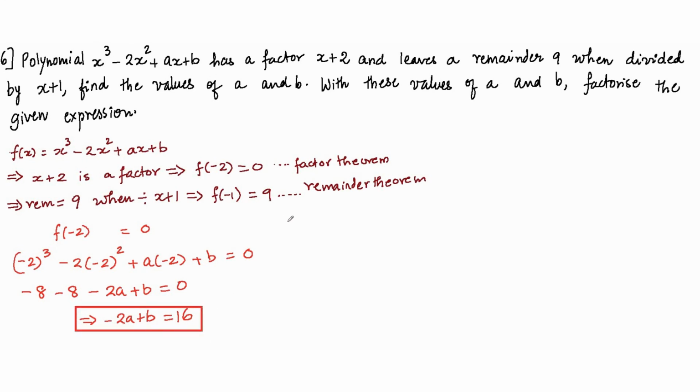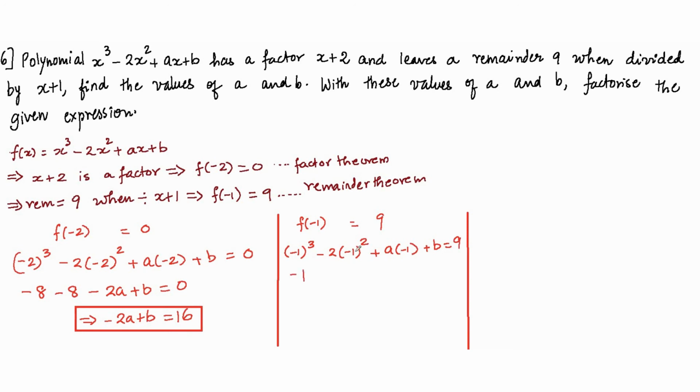The second equation is f of minus 1 equals 9. So f of minus 1, let's make a partition here. So f of minus 1 is equal to 9. So let's substitute x as minus 1. So minus 1 the whole cube minus 2 into minus 1 the whole square plus a into minus 1 plus b is equal to 9.